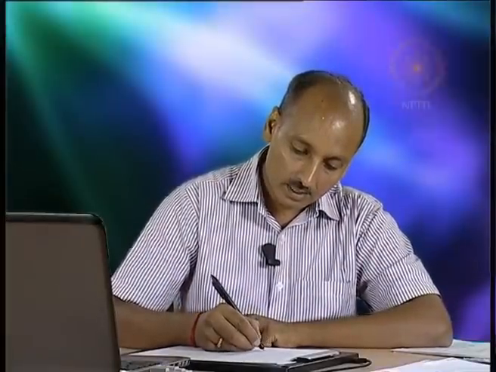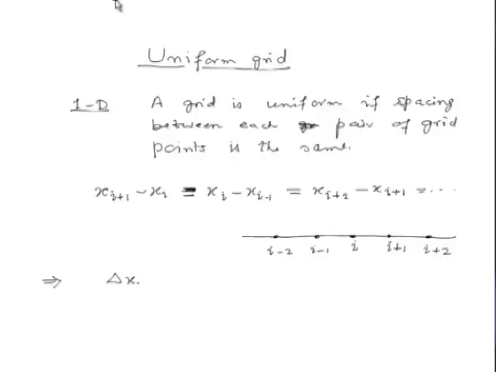Each of these differences is equal, or using our compact notation we can write this as delta x i is equal to delta x i minus 1 is equal to delta x i plus 1 and so on, and we can drop the subscript to delta x i and simply write this as delta x.